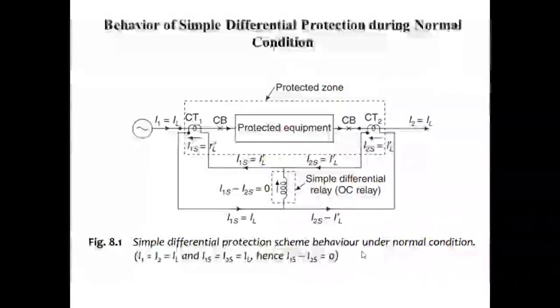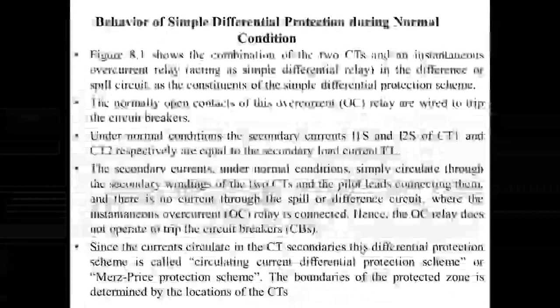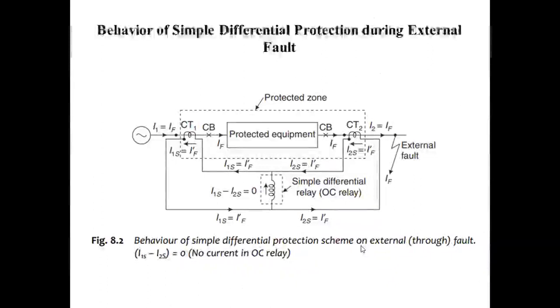So this is your simple differential relay at normal operating conditions. Now, when a fault occurs on the system, there are various types of faults, symmetrical and unsymmetrical. Unsymmetrical faults include line to line fault, line to ground fault, and double line to ground fault. Any fault occurring on the transmission line outside the protected equipment is an external fault.